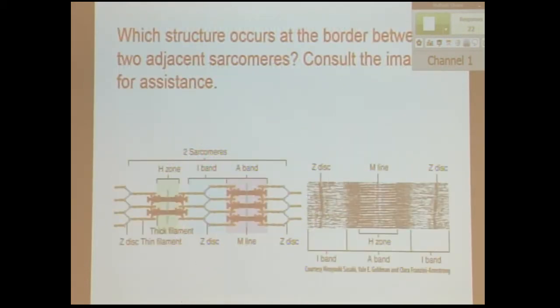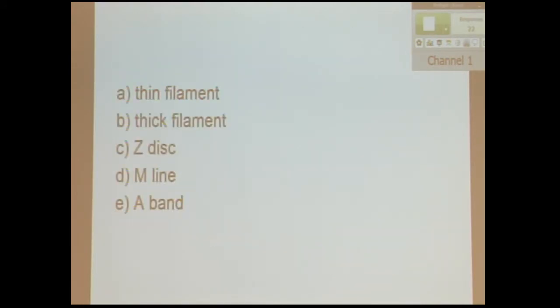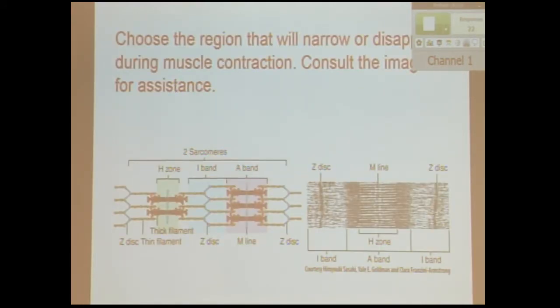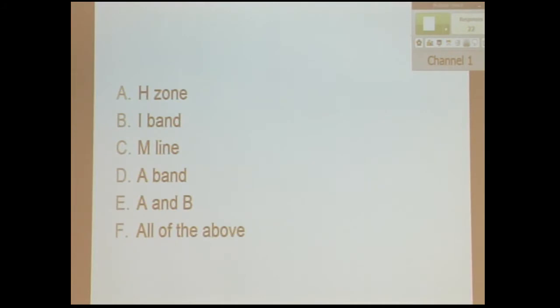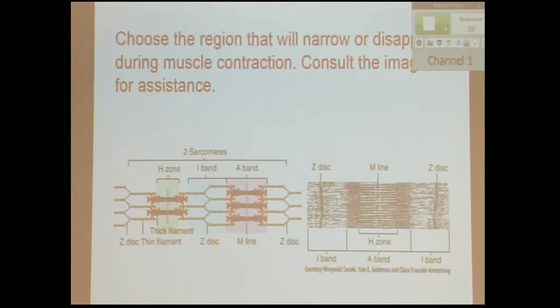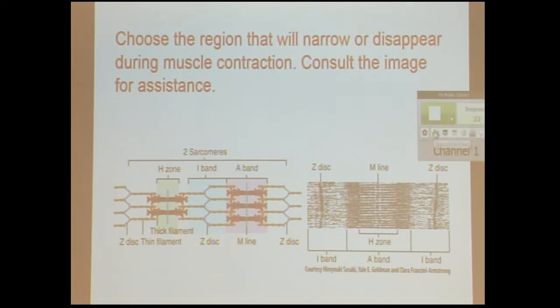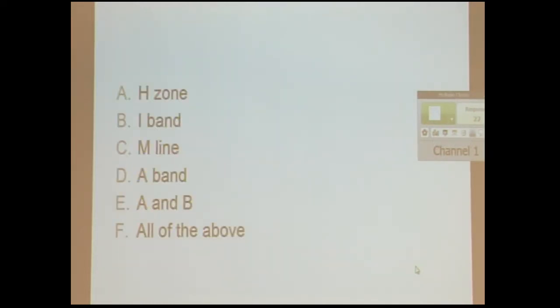All right, so skip a few of these. I think y'all pretty much got it. Oh, we can do this one. All right, so I want to know which of those narrows or disappears when you're fully contracted. Let me put the answers up here, though. Answer choices.